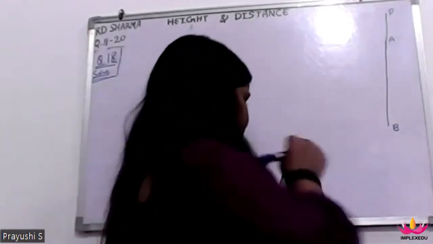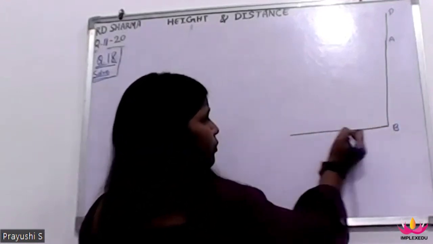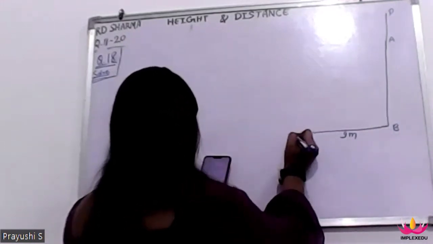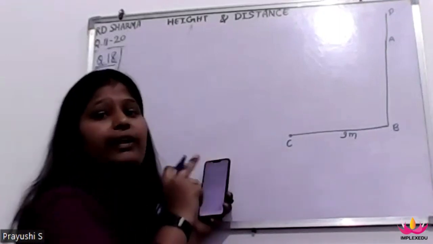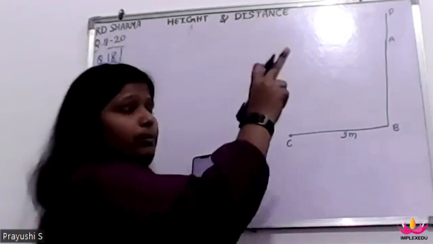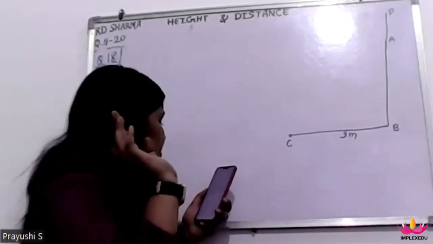So now at a point 9 meters away from the foot of the tower, which I am taking as point C, from point C the angles of elevation of the top of the flagpole and the bottom of the flagpole are respectively 60 degrees and 30 degrees.